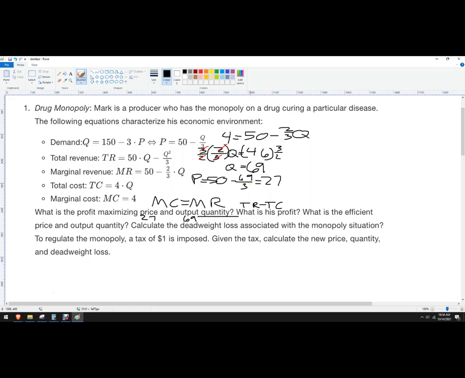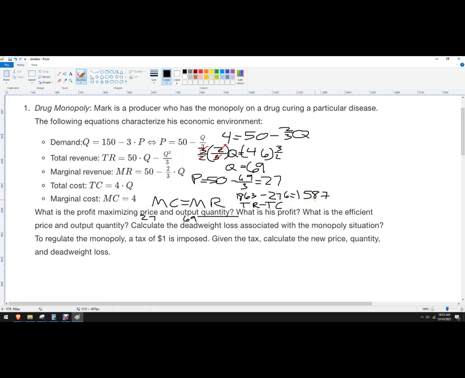So total revenue is 1863, minus total cost, which is going to be 69 times our 4. 4 is the marginal cost of producing each unit, and I already did that one too. That one is 276.